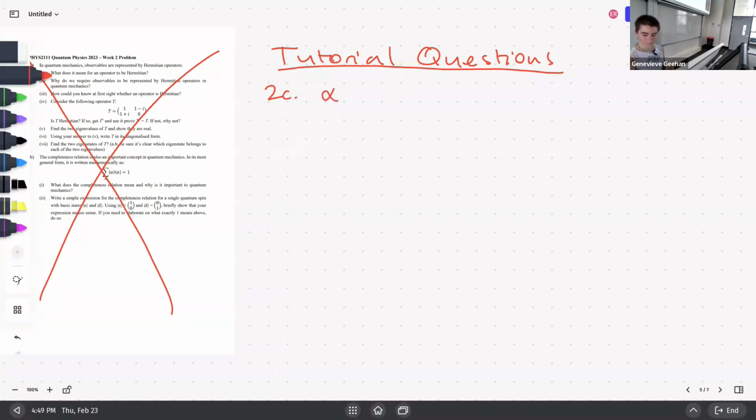So we've got alpha star beta plus beta star alpha equals 0. In other words, negative, sorry.